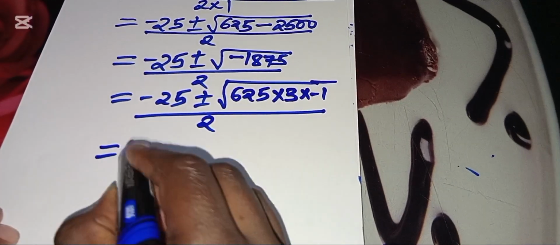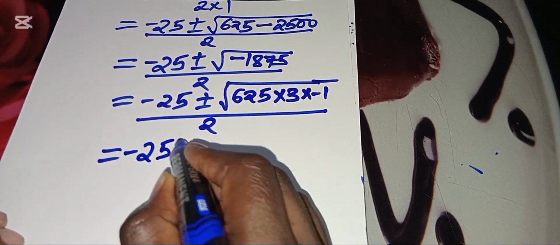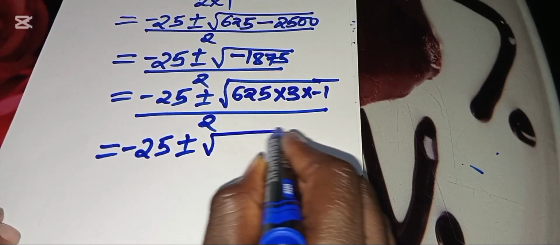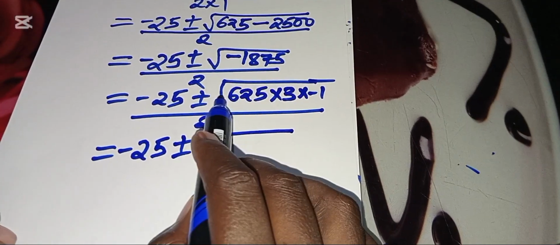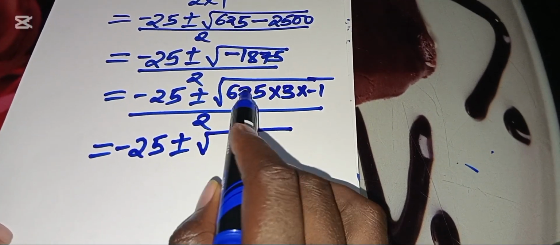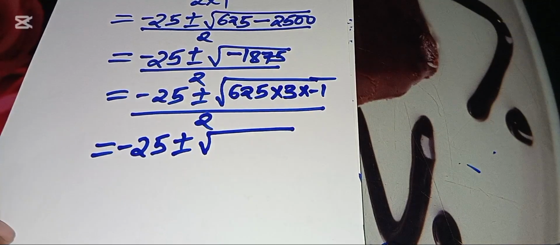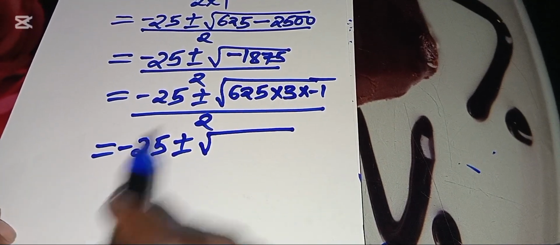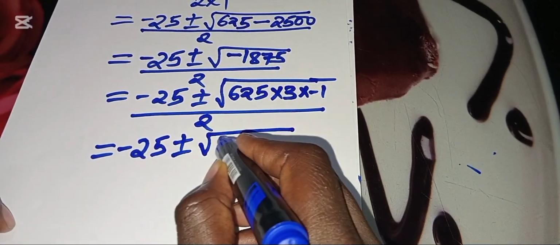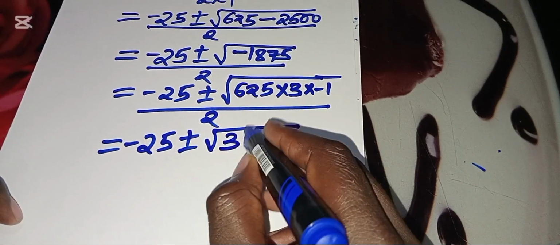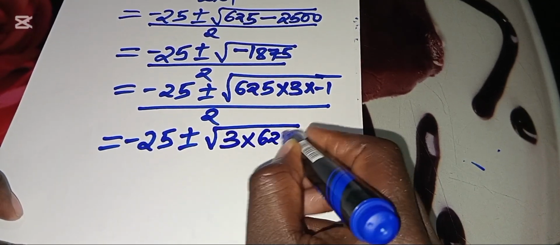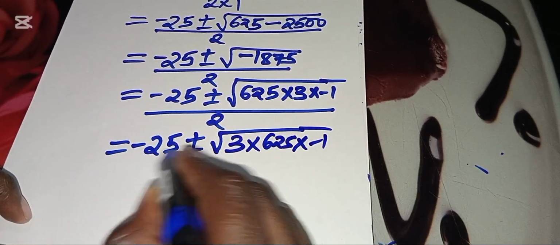So in this case, we'll have negative 25 from here, plus or minus the square root of 625. The square root of 625 is 25. Now let this be the square root of 3. I'll just write it the way it is, divided by 2.